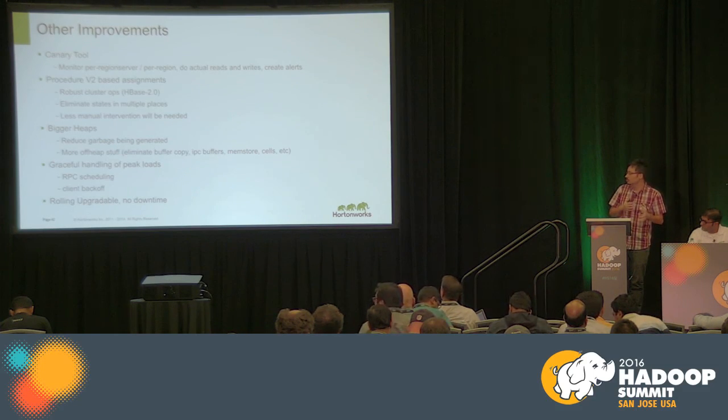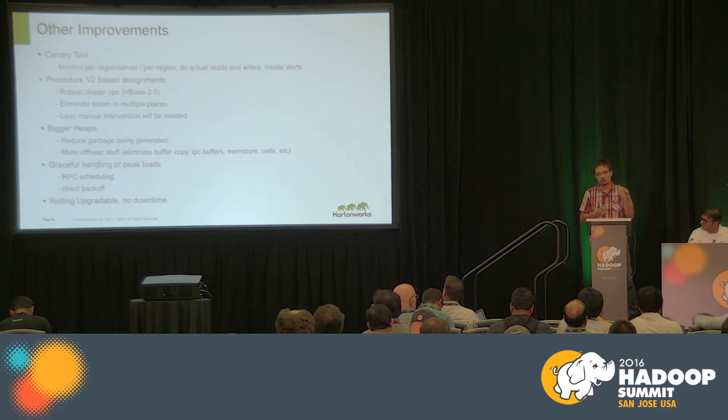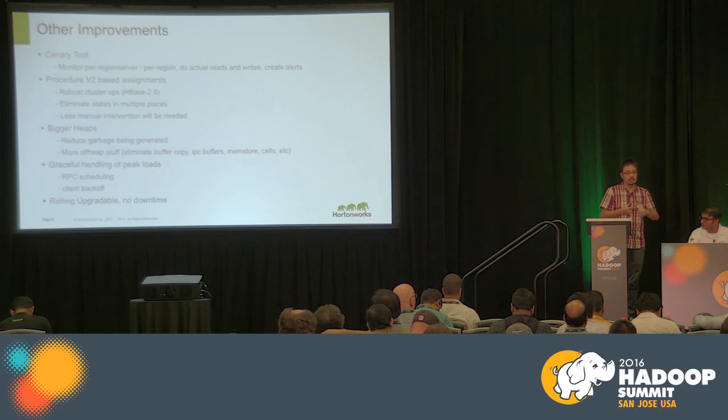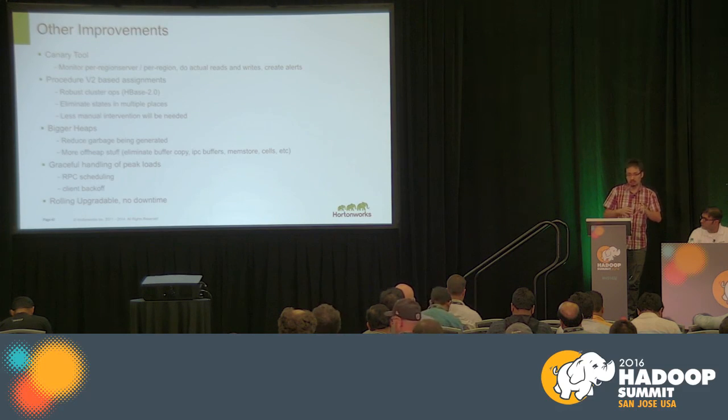So we are doing client backoff improvements and RPC scheduling improvements to help with the case where, even if there's some slowness from the disk or from the operating system or whatever in a particular region server, at least the clients will back off. The region server is trying to cool down. So that's definitely going on.